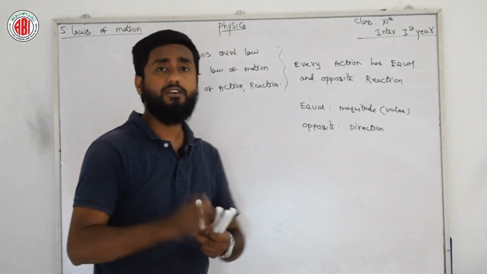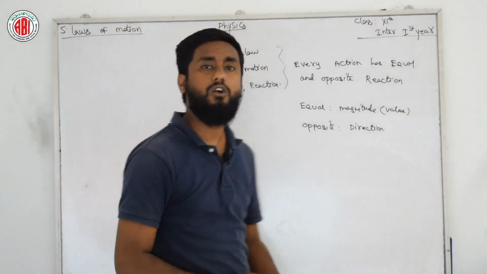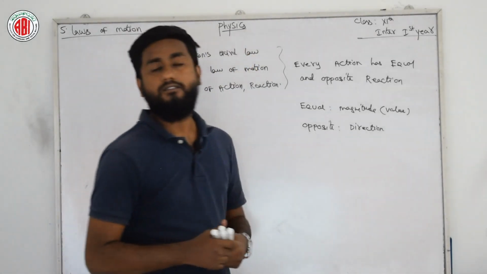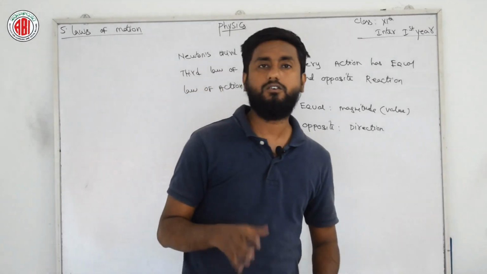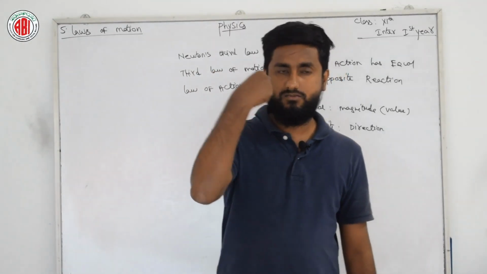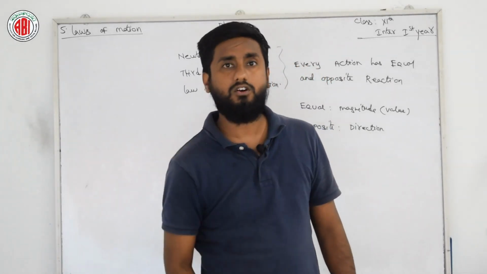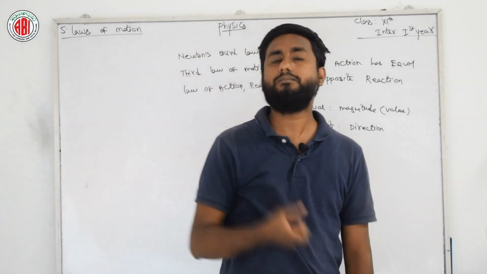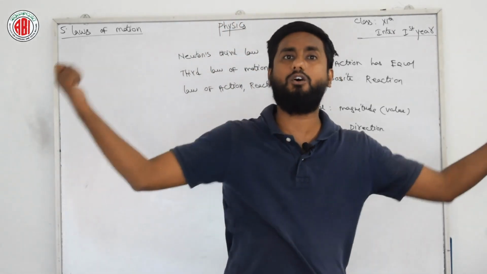If I hit a ball on the wall, what is the ball's reply? Again the ball itself. One more example, a rocket. A few gases are released from the tail of the rocket toward the ground, but the rocket goes upward. That means magnitudes are equal, directions are opposite.